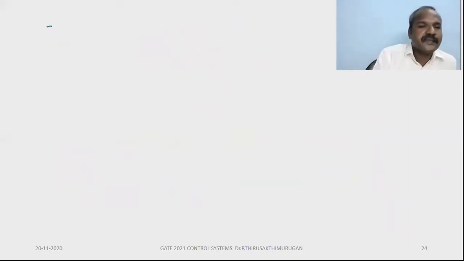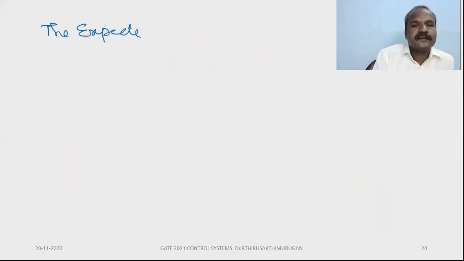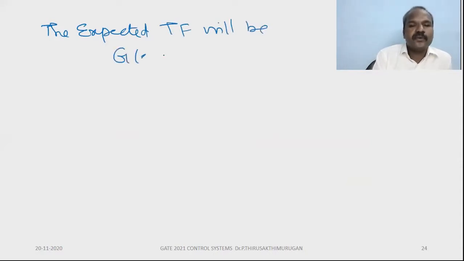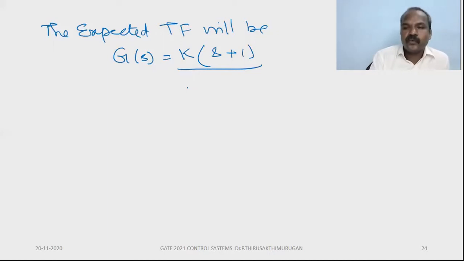The expected transfer function will be G(s) equal to k into the zero at -1 in the numerator, and the complex poles in the denominator, (s plus 2) the whole square plus 1.